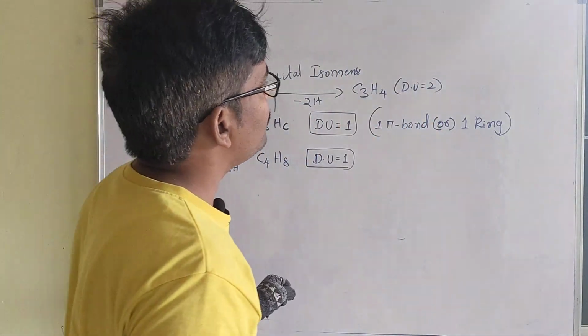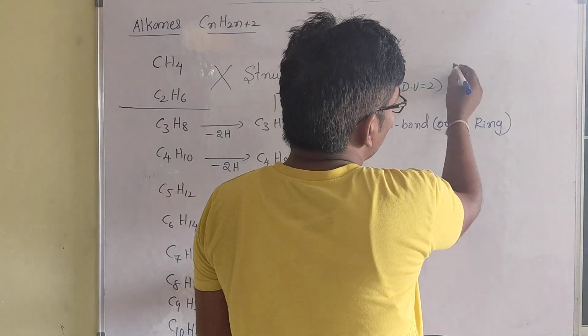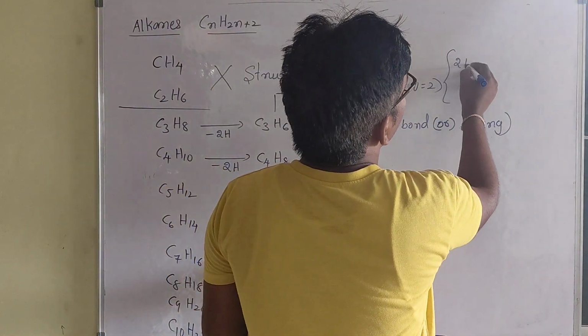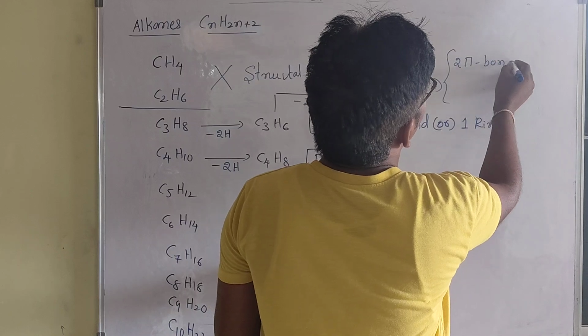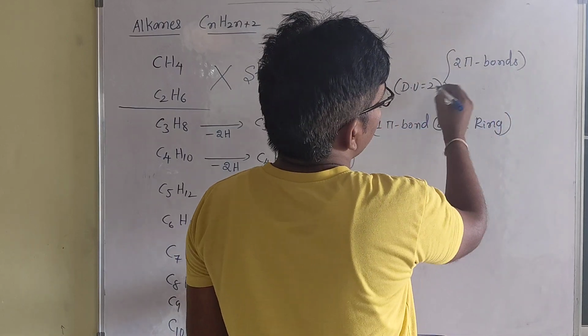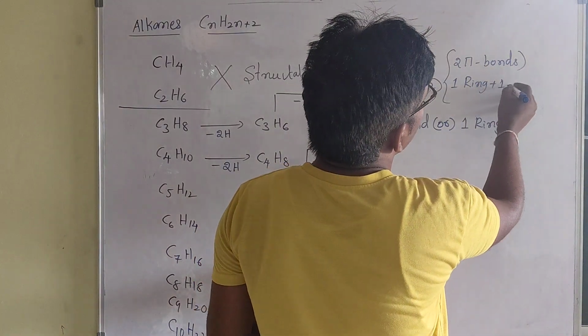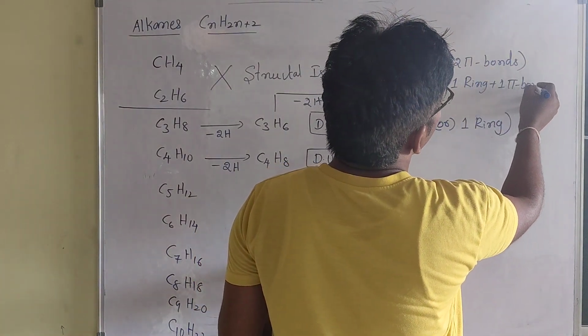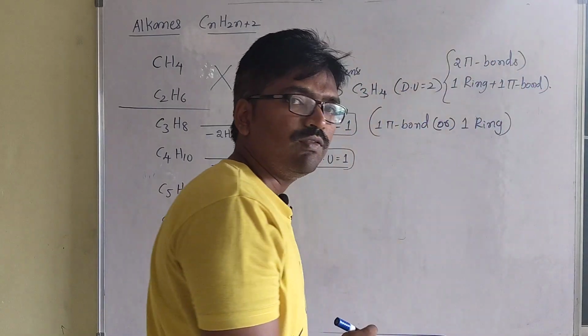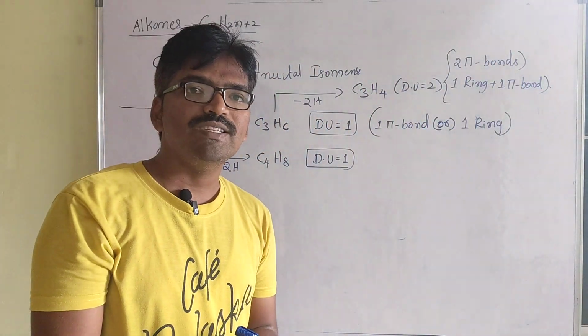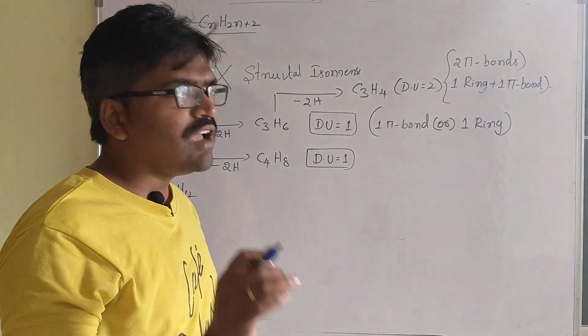When the degree of unsaturation is equal to 2, then 2 pi bonds are possible in the molecule. Or 1 ring and 1 pi bond are possible in this molecular formula. Understand, my dear students? So first you have to find out how much the degree of unsaturation is.